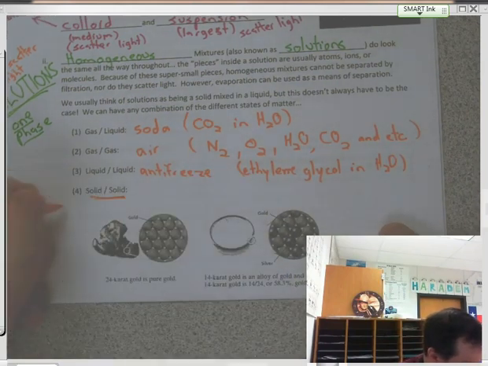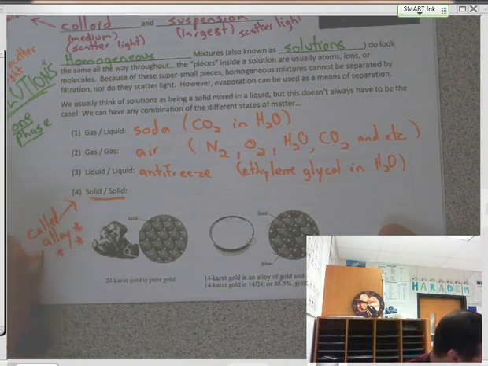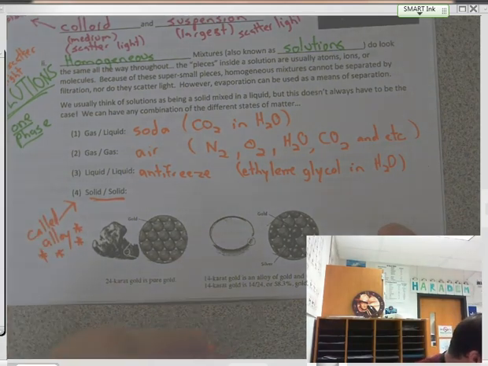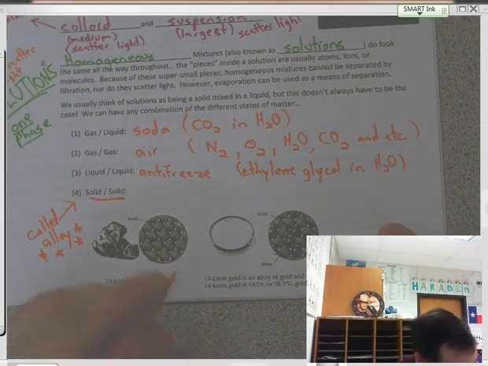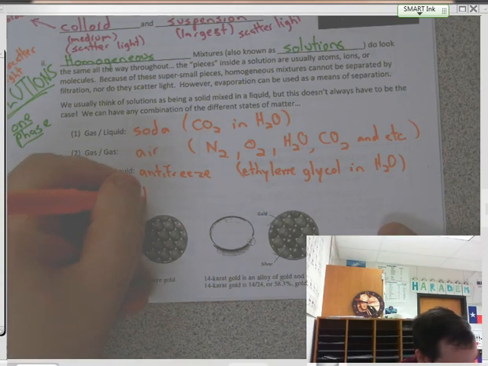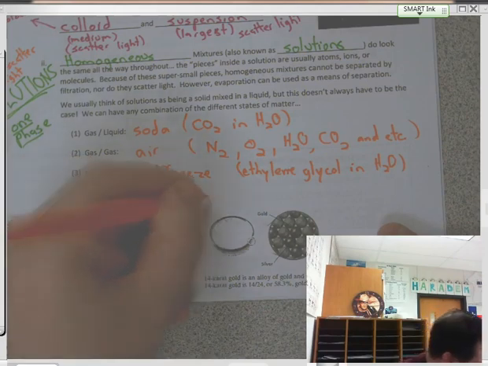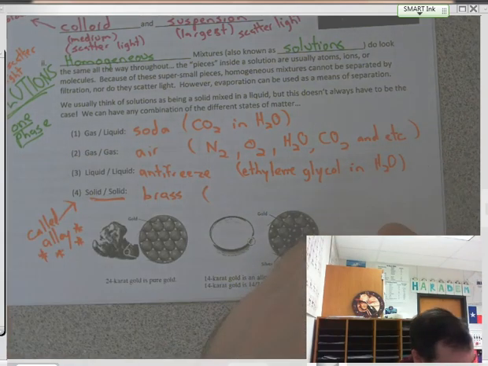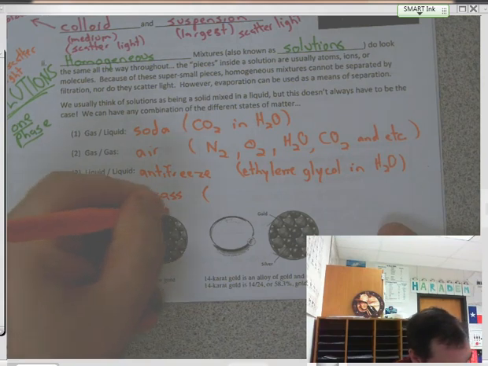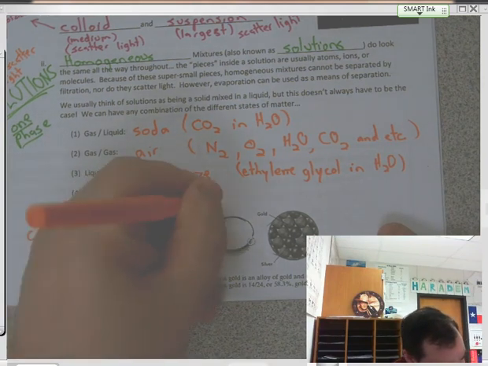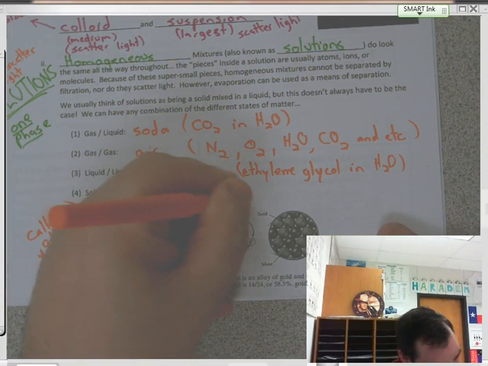This is called an alloy. Make sure you know this term. It's a solid mixture. Examples of that would be brass, steel. These are metal mixtures.